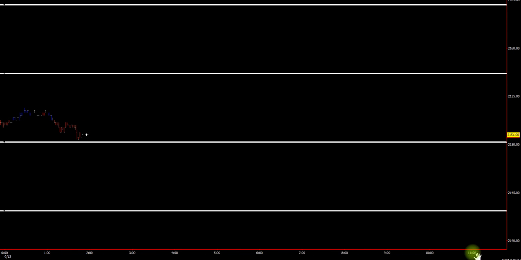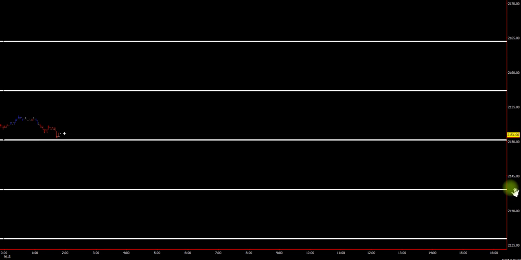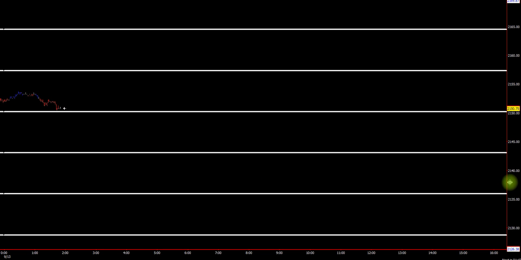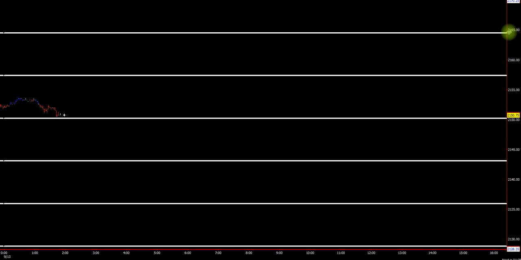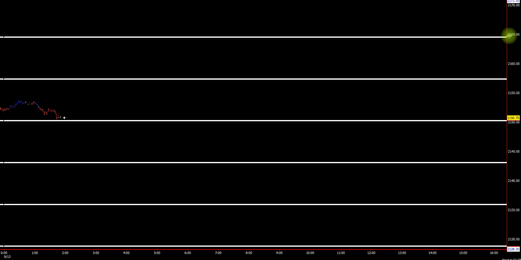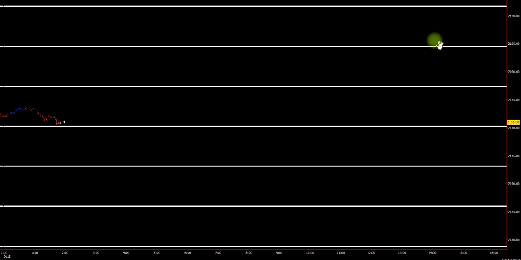Okay, so let me get the whole thing up here, all the way up to the close, and give you a bigger size here so that you can see where all these lines will end up being. So that's where the lines of disproportion are going to be for today, right up in this area here, and so on and so forth.